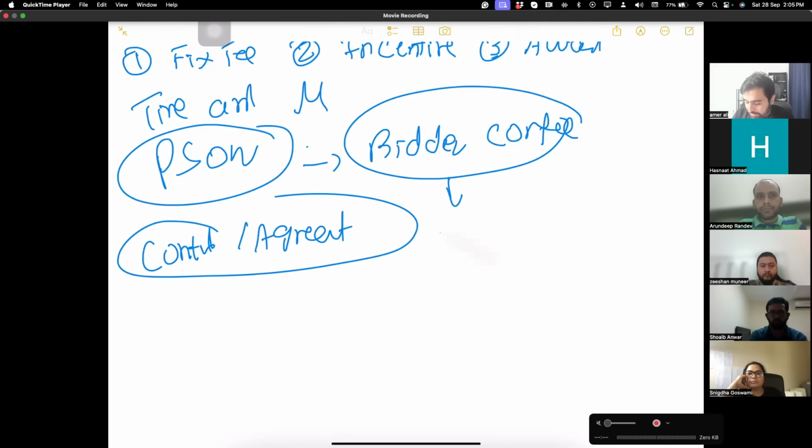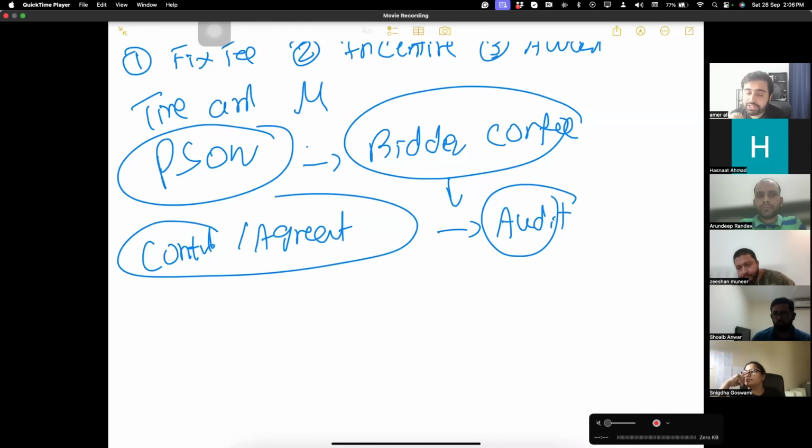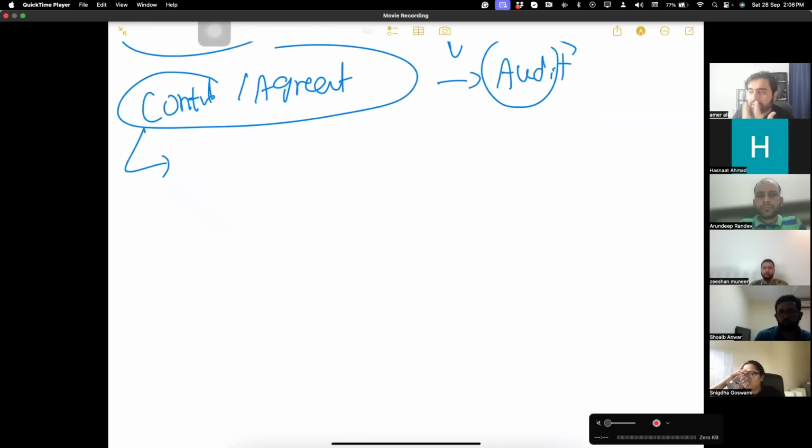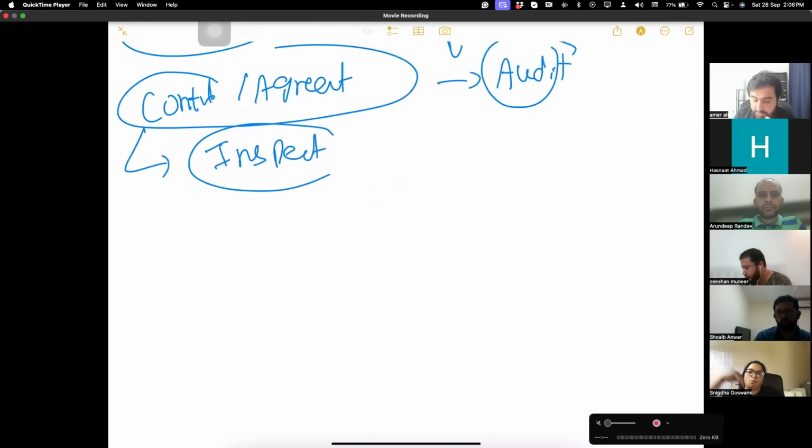For example, if you want to do an audit, audit is checking the effectiveness of the process. Are they following the right process, right steps? If you want to do an audit, it must be written in the contract. Whenever the deliverables get completed, you inspect those deliverables.